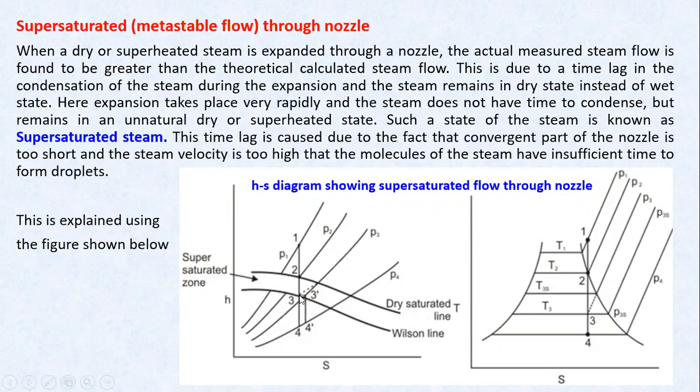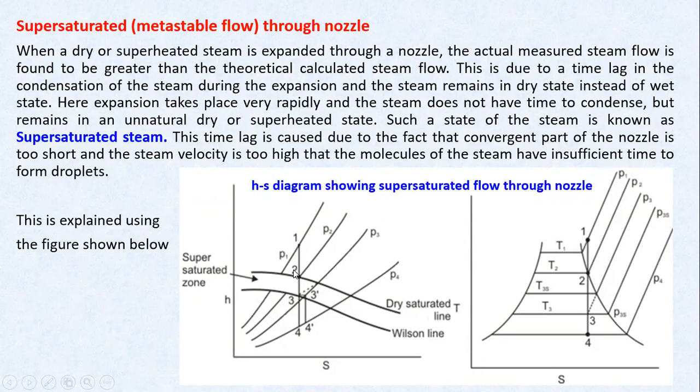This is mainly because of the time lag in the condensation, because the convergent portion of the nozzle will be too short and the steam velocity will be too high, so the molecules of this steam will not have sufficient time to form into droplets.